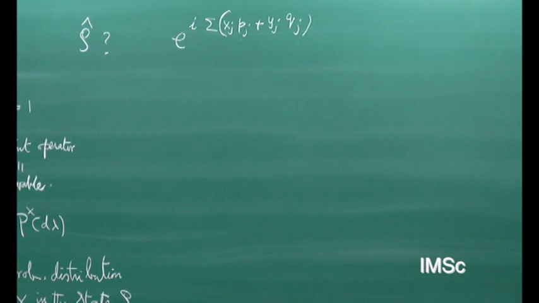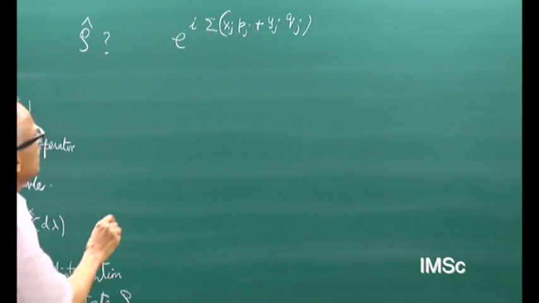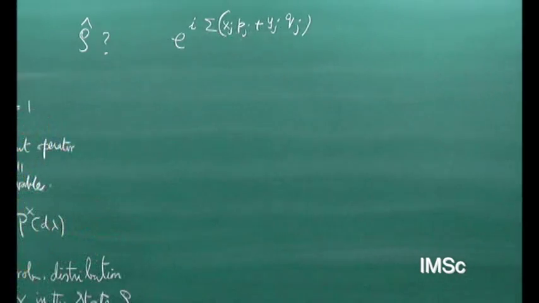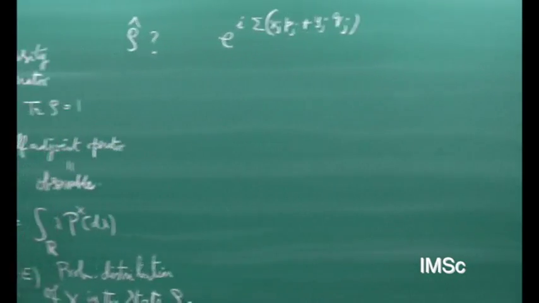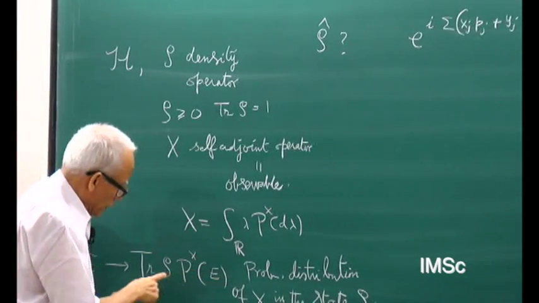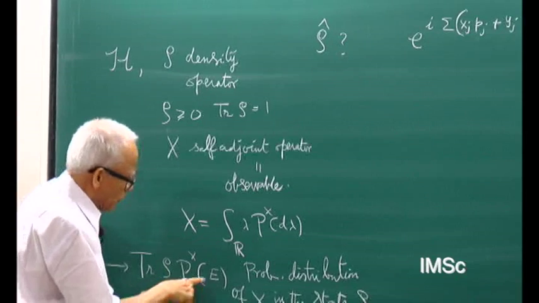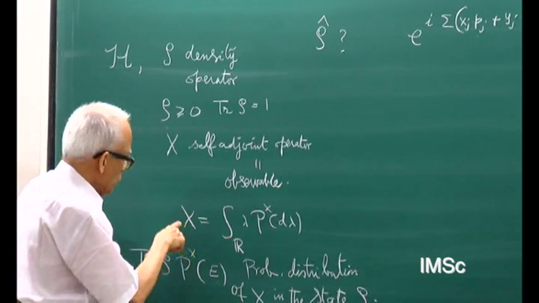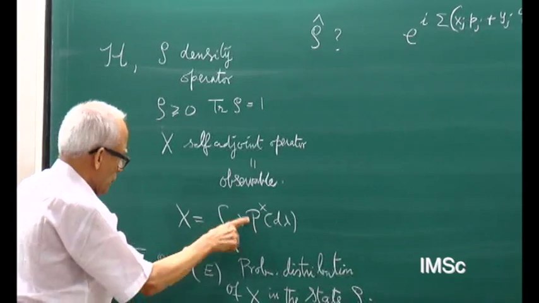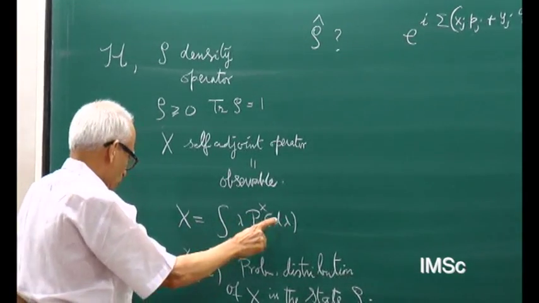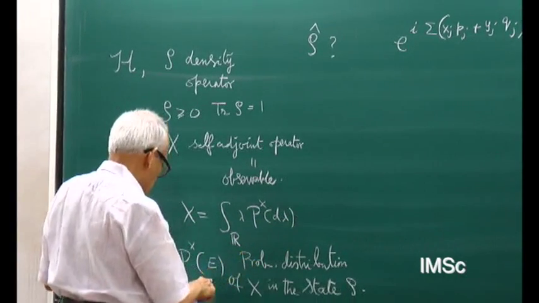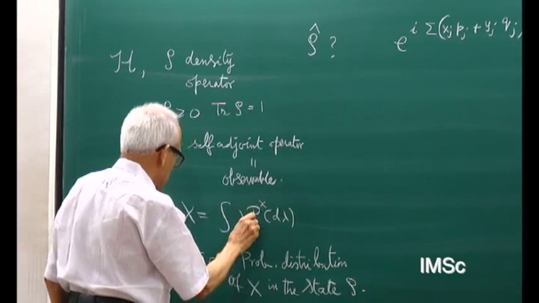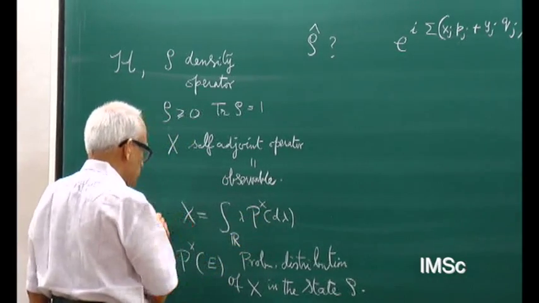For CCR variables, the probability of E is obtained by trace rho multiplied by this. So if you want the mean, you will integrate this, you will substitute this distribution here, and that will become trace rho x.